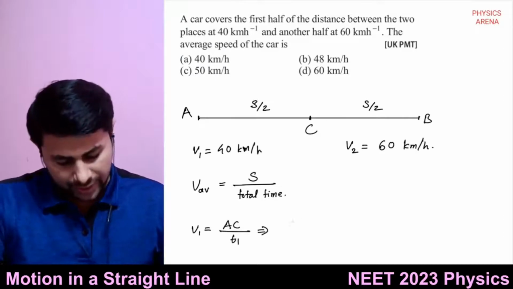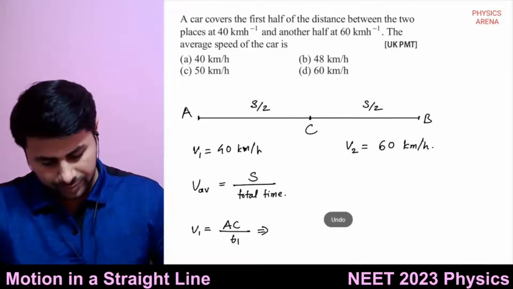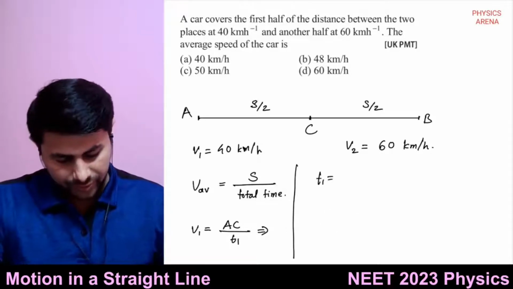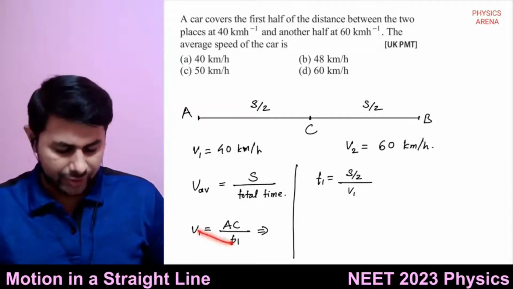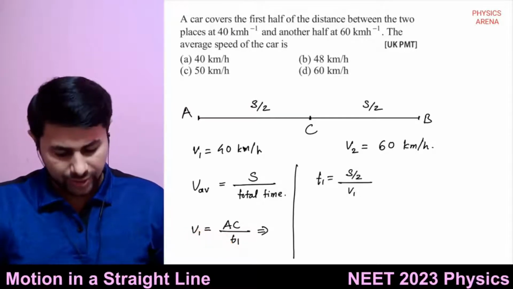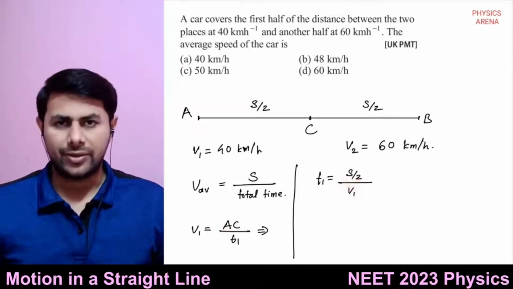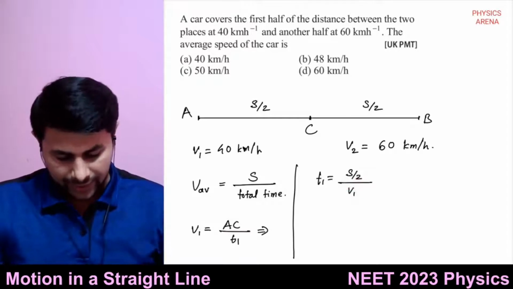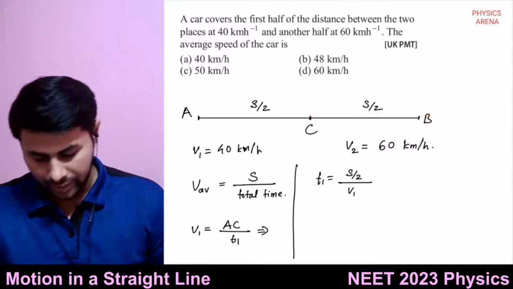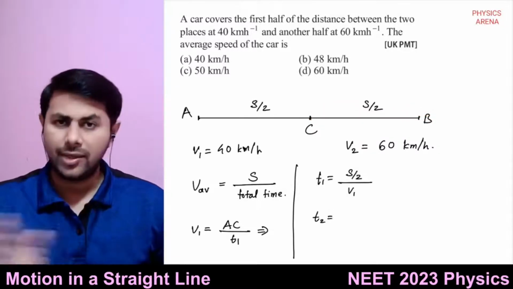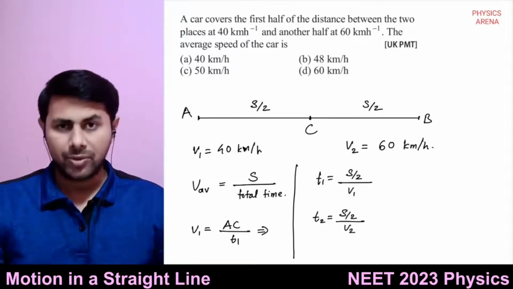From this I can write T1 equals distance AC, which is S by 2, divided by the velocity V1. Similarly, T2 is equal to CB divided by V2, so T2 is equal to the remaining half distance, S by 2, divided by V2. And now my problem is solved.